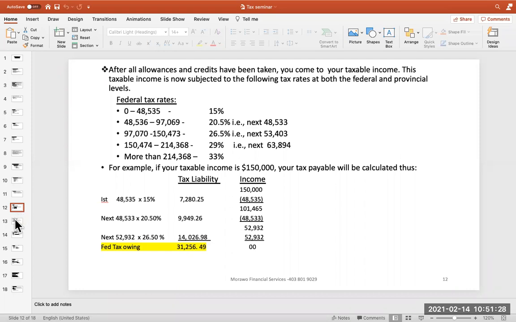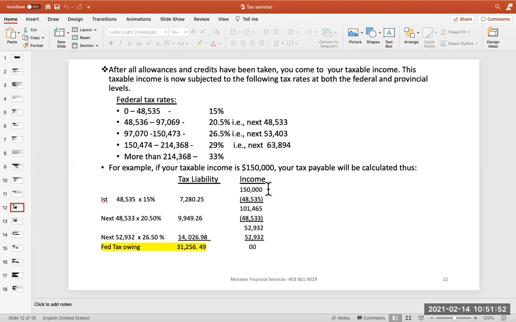For example, if your taxable income is $150,000, your tax payable will be calculated thus. Your tax liability, that's the column for it, then your income. Yeah, your income is here, $150,000. This is your tax liability column.